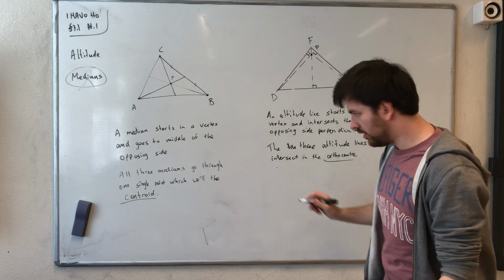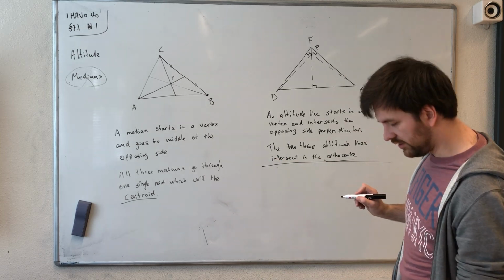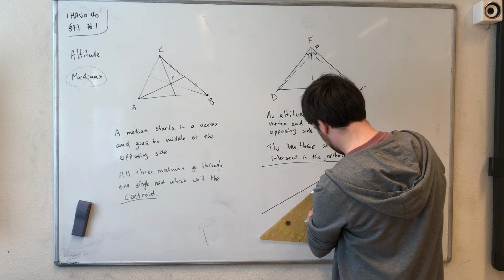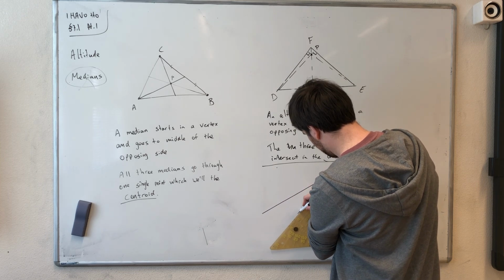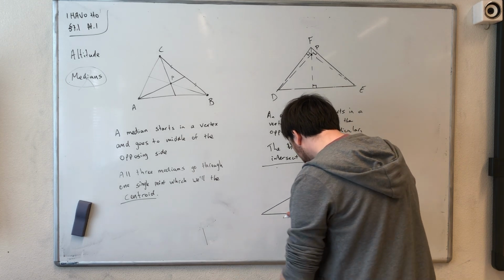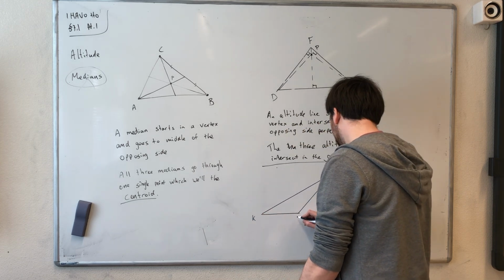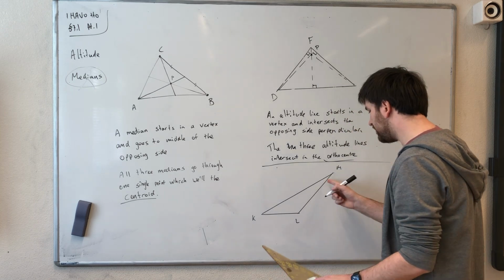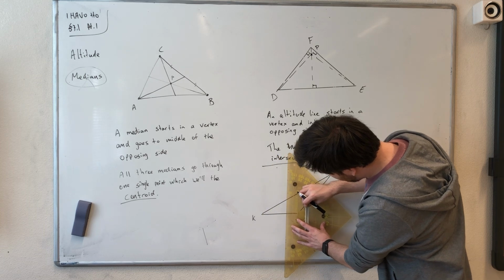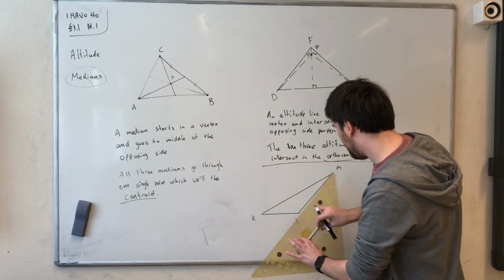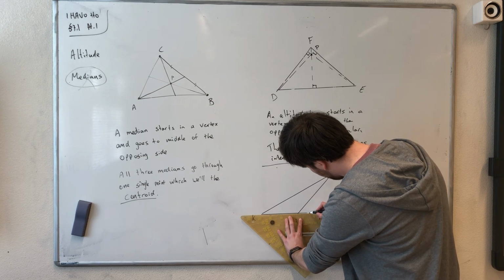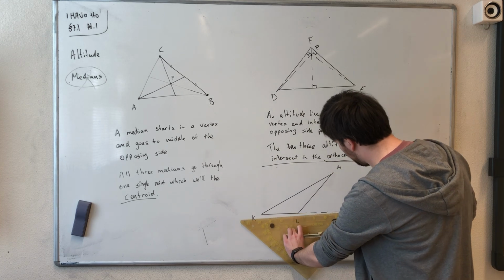Sometimes this is a lot harder when you have a triangle like this. Last example. Let's call it KLM. Because if we want to draw the altitude line of M and our protractor triangle is on KL, we can never go through M. So we have to extend KL a little bit like that.